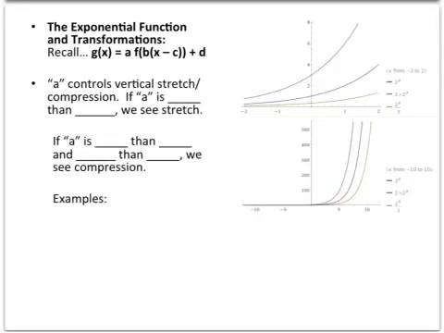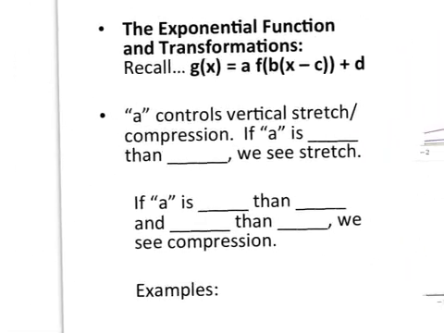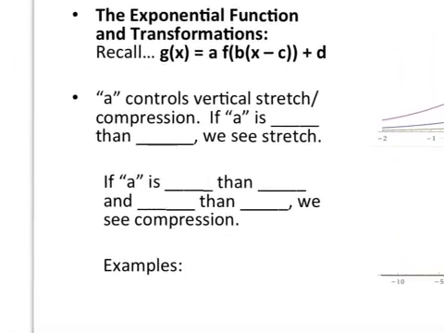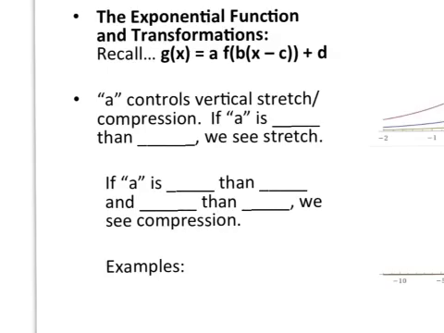Way back when, in the last unit or so, we talked about the basic function of transformations and how that works for all functions. And I would like to show you how this applies directly to the exponential function. Now, recall here we have our basic function is g of x equals a times f of b of x minus c plus d.